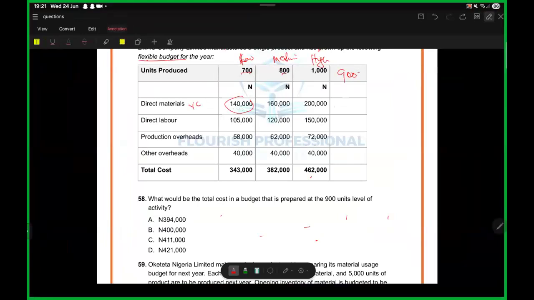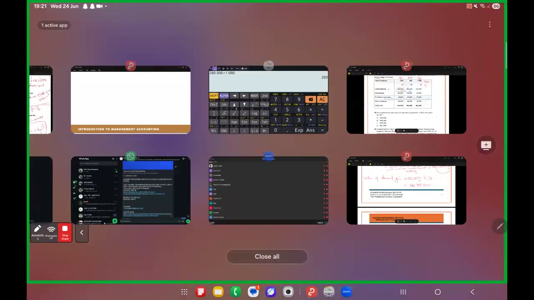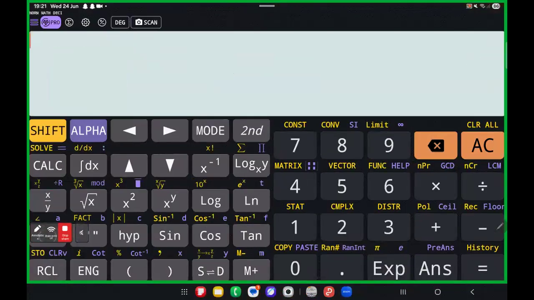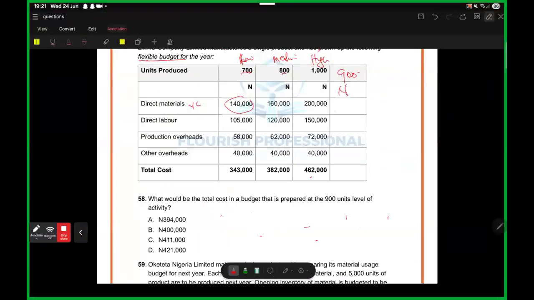So 140,000 divided by 700 is 200. Now 200 here, if I multiply by the 900, I should get 180,000. I will put it over here, 180,000 naira. Then I come here to the same thing.